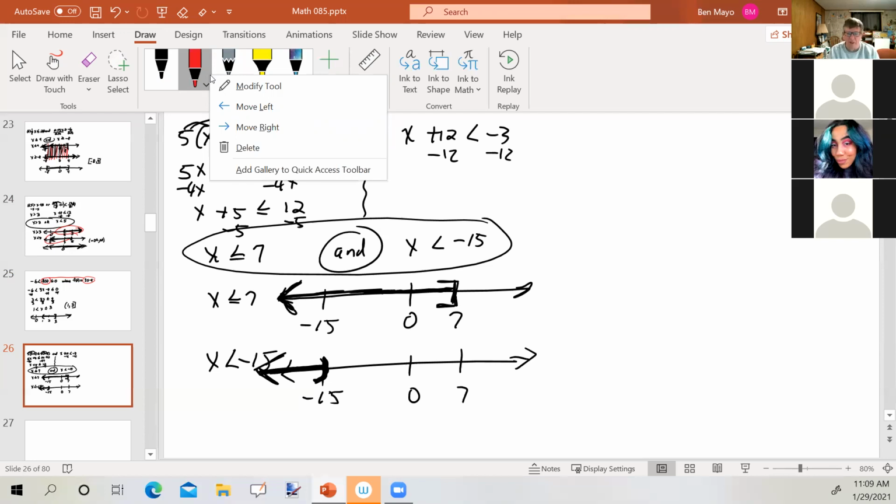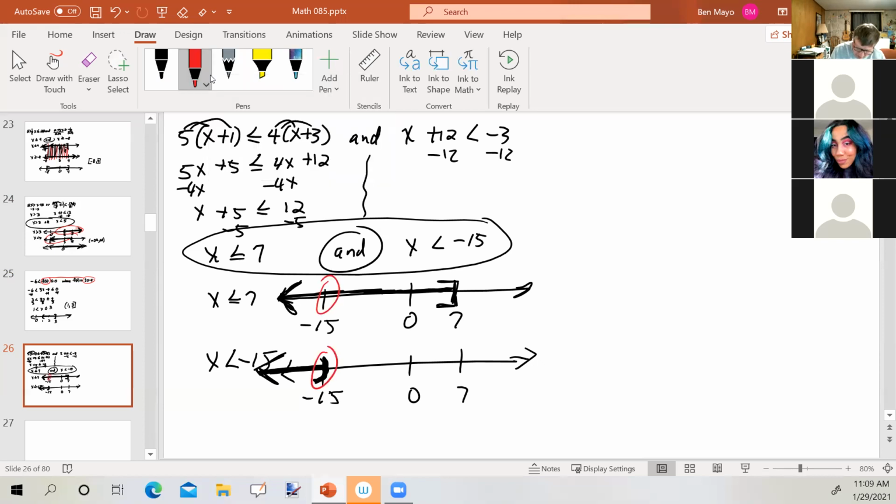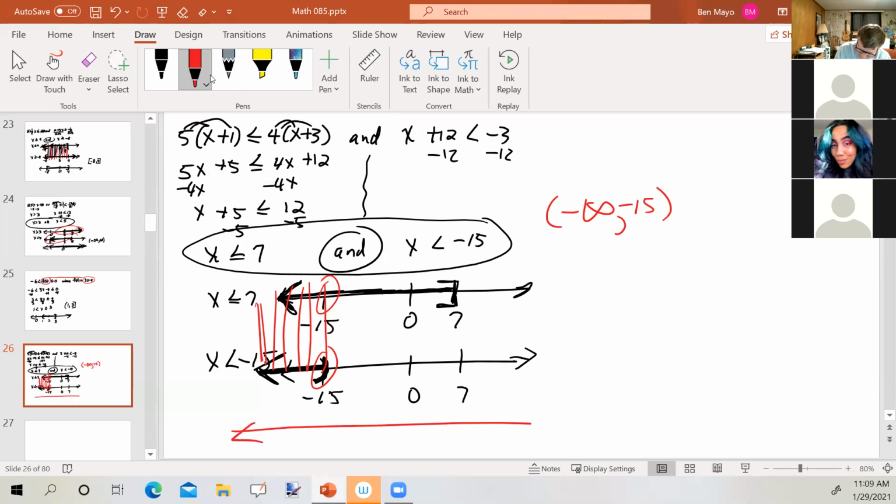But not including -15, because even though it's included here, it's not included there. So it's going to be, yeah, everything from -infinity up to and not including -15. And then your graph would basically look like the bottom piece of this one here. Okay, that's what they have in common.